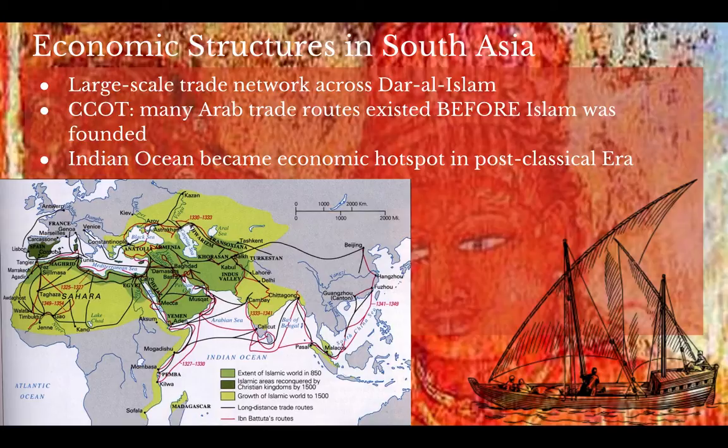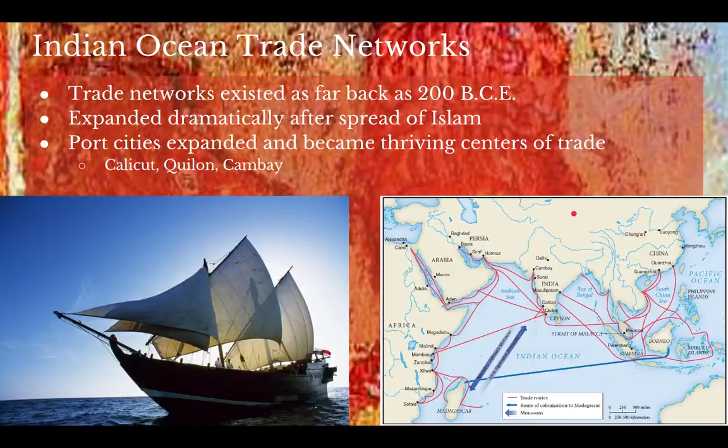This is caused by a combination of merchants' connections to Dar-al-Islam and improvements in technology that allow people to go farther. We mentioned the dhow, the Indian Ocean trade ship, or the Arab trade ships that were common. So this is something that facilitates this trade. This is another image of a dhow. In any case, like I was saying earlier, I might have been slightly off with my numbers.